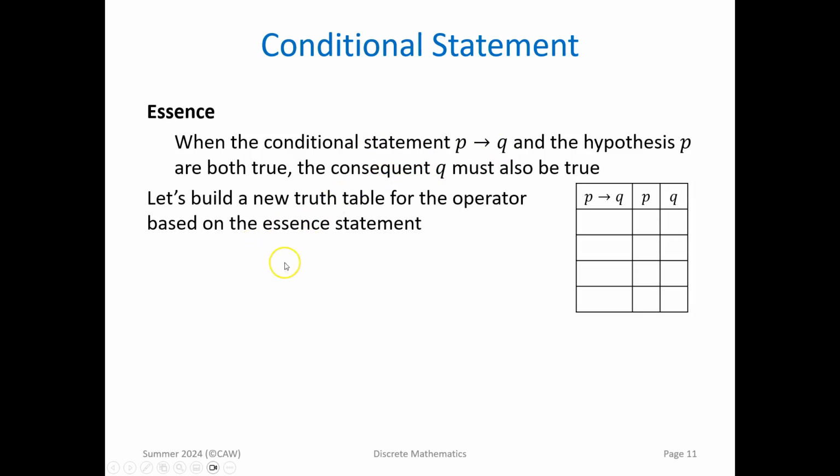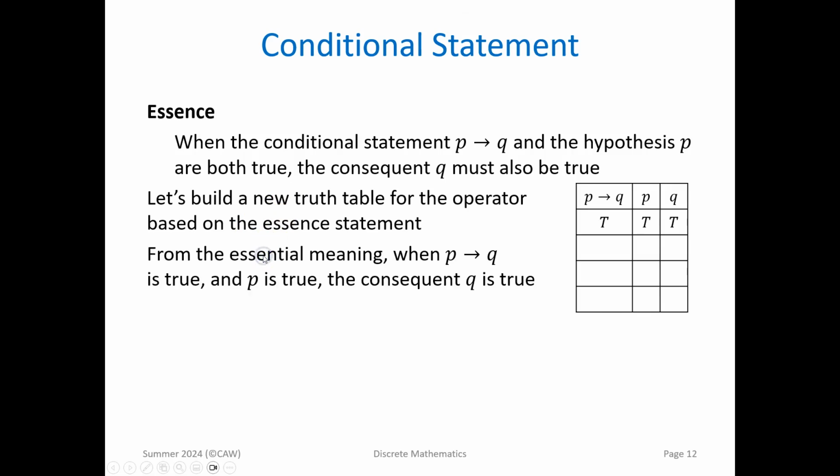So let's go through and build our truth table line by line so that we can finally come to some agreement as to why it's built in the way it is. We're going to use the essence of this statement to fill in the first two rows.